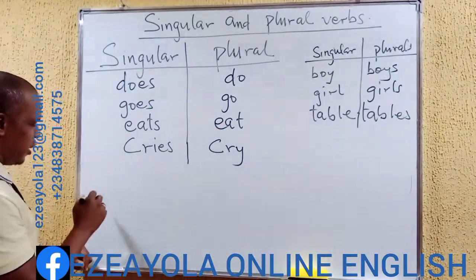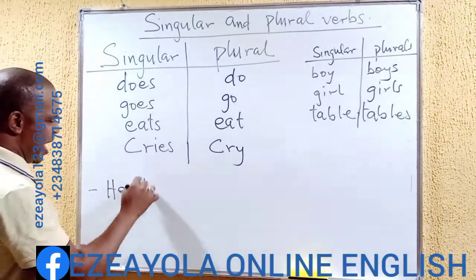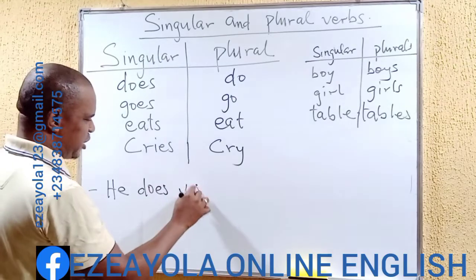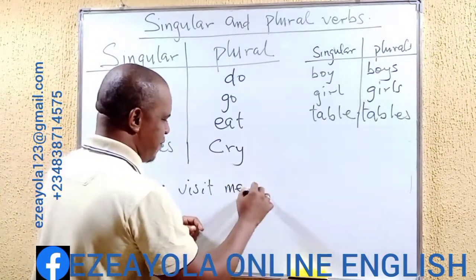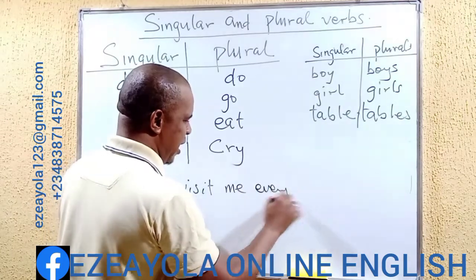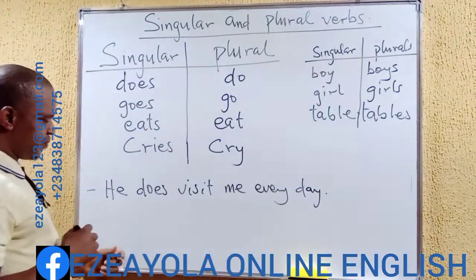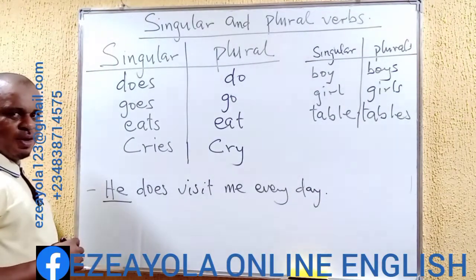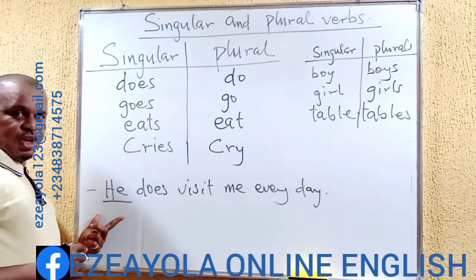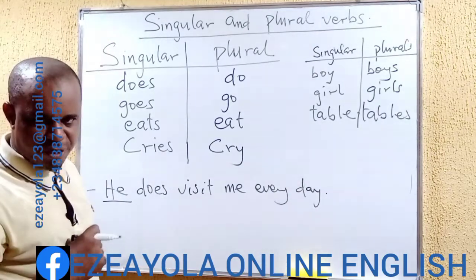For example, if I say something like, he does visit me every day. Now look at this. We are talking about somebody here. He, this is a pronoun, representing one person.